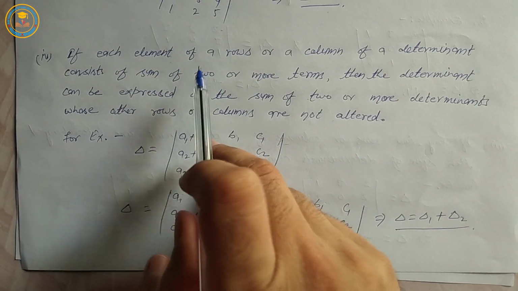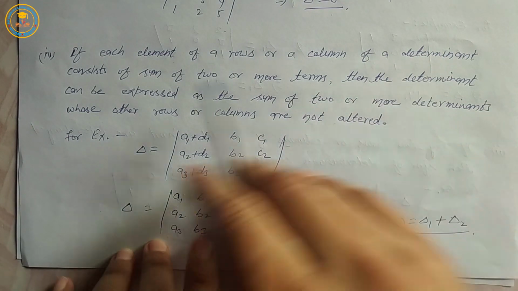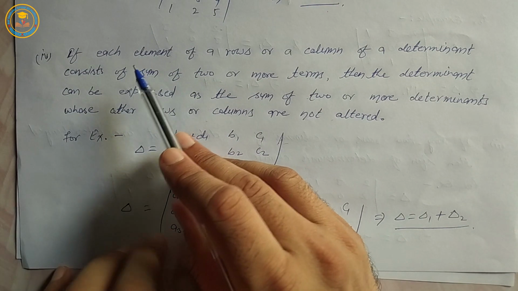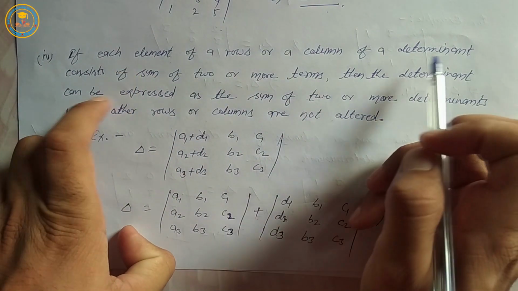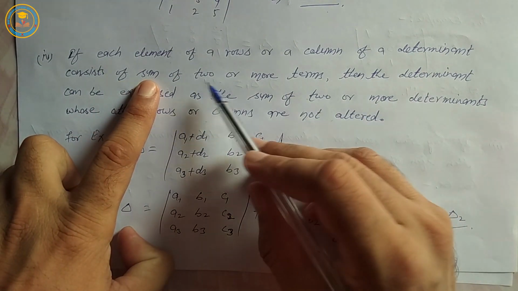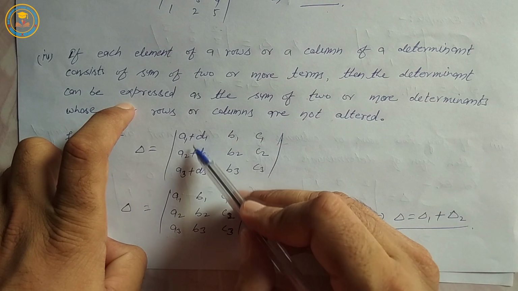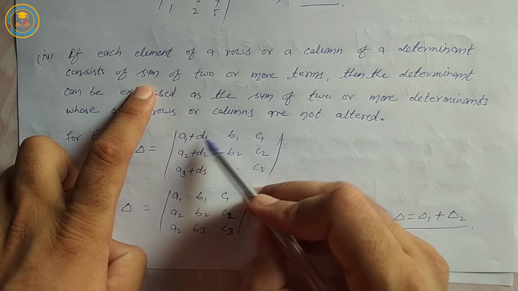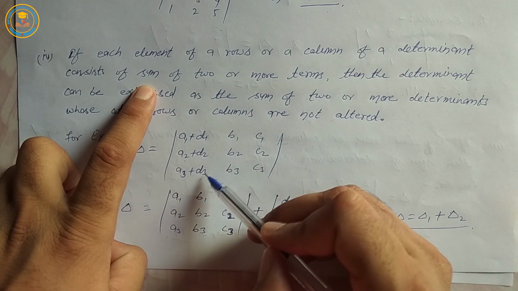If each element of a row or a column of a determinant consists of the sum of two or more terms, for example column first, C1: A1 plus D1, A2 plus D2, A3 plus D3.